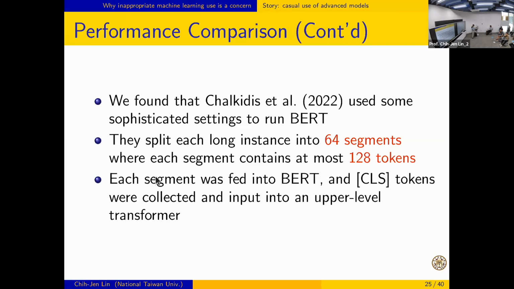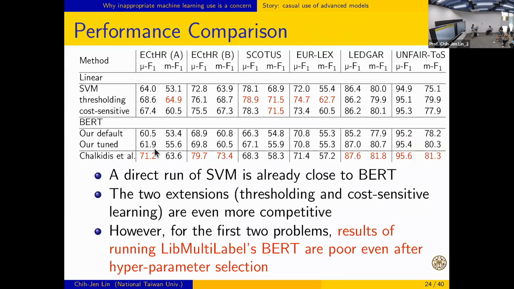Then each segment was put into BERT for training. After BERT, there's a so-called leading token called the CLS token. For those 64 segments, their CLS tokens are collected together, then put into another transformer to get the final output. So they did something not just purely BERT. That's the reason why they can get such a good performance.